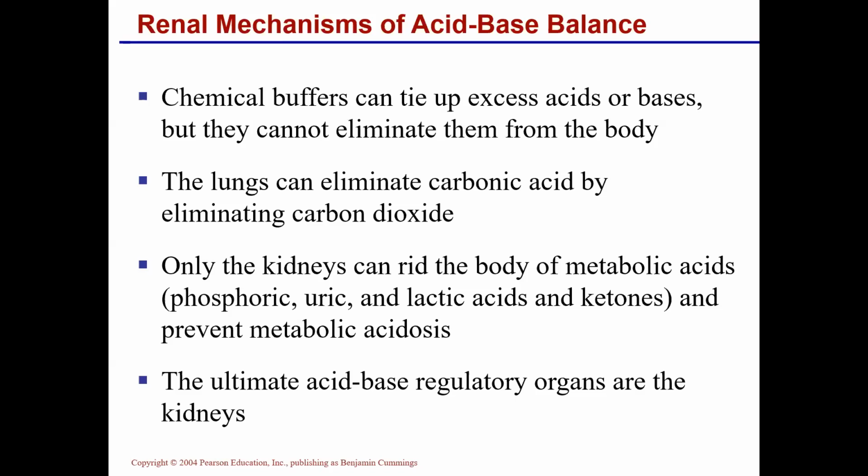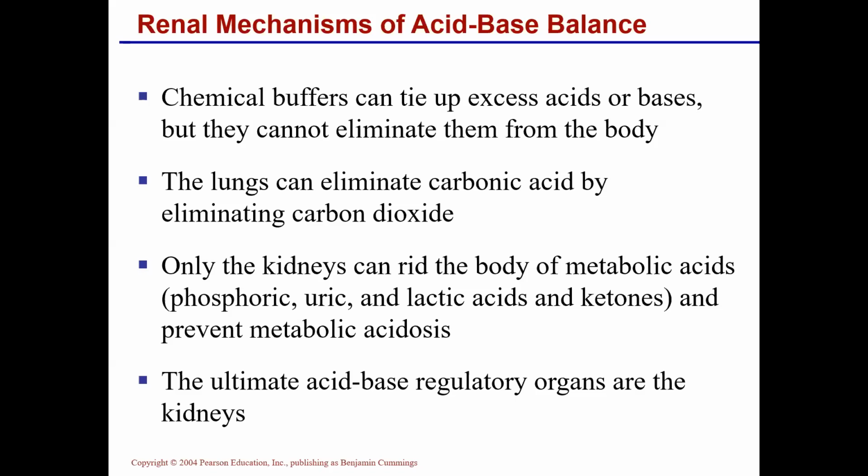All right, but the renal system is different. If we can secrete hydrogen ions from the blood into the filtrate, then the filtrate will continue to travel toward the collecting duct, if you remember, and then it becomes urine, and then is excreted out from the body. So in this way, we can actually get rid of free hydrogen ions by getting rid of them outside of the body.